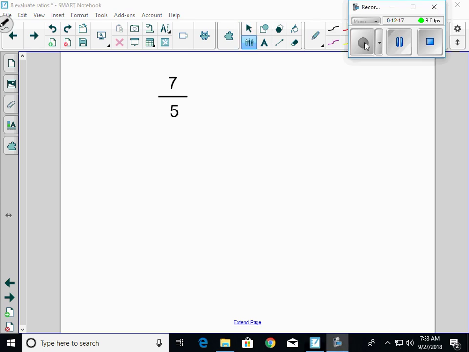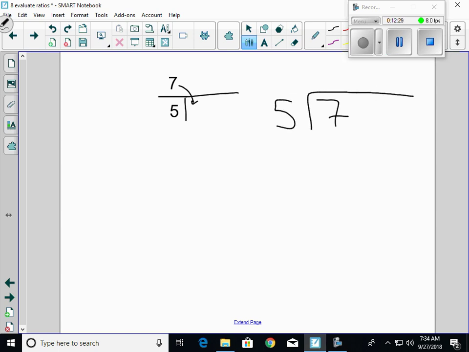Okay, let's look at one more before you guys try some out. So 7 divided by 5. 7's going to go inside that long division symbol, but you still read it 7 divided by 5. Hey, this time 5 does go into 7. 5 goes into 7 once, because 1 times 5 is 5. But when I subtract these, I have a remainder.